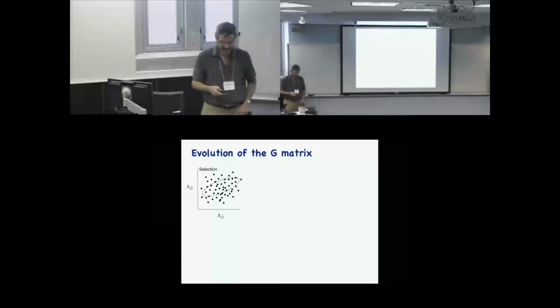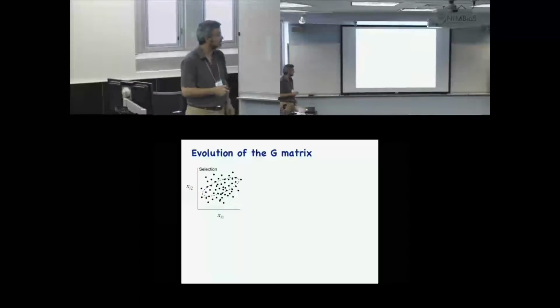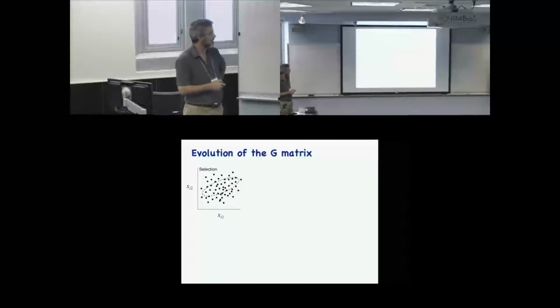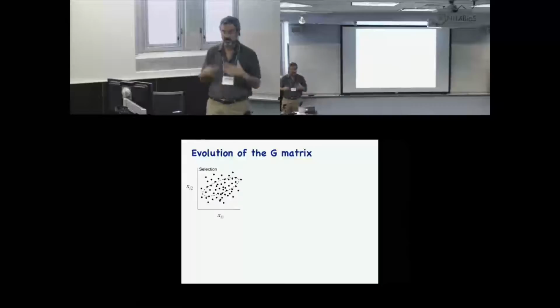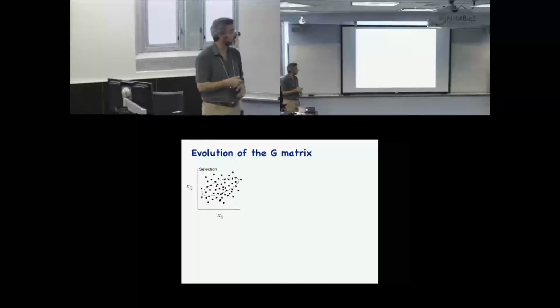So in practice, what this ends up looking like is that you can have alleles at one locus and alleles at another locus, and they can have a distribution of pleiotropic effects. This is allelic effects at one locus on trait 1 and allelic effects on the same locus on trait 2. So you can have a distribution of possible pleiotropic effects, and those things can then be molded by selection.